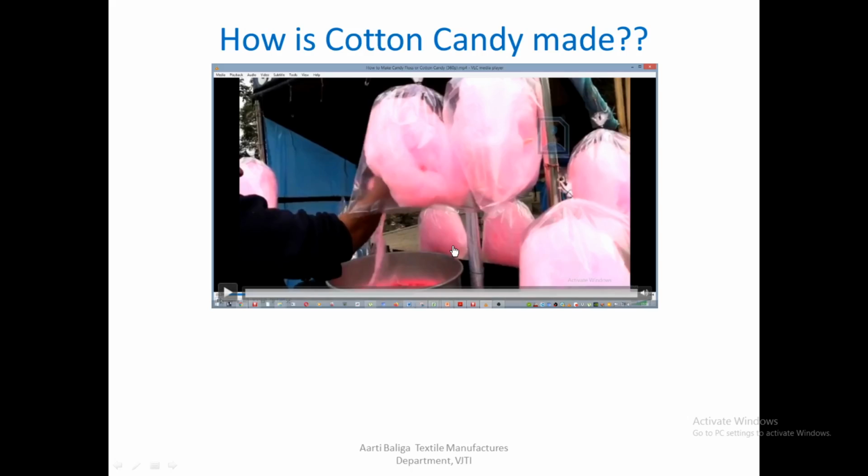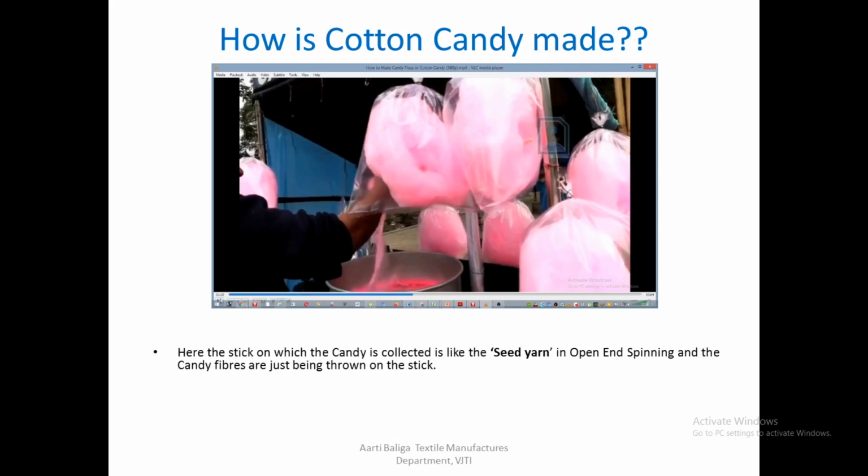So what you saw here was the man holding a small stick onto which he is collecting the sugar fibers coming out of that machine. Let us imagine the stick on which the candy is being collected to be, let us call it, a CDN, and a CDN is a must when you begin open end spinning.